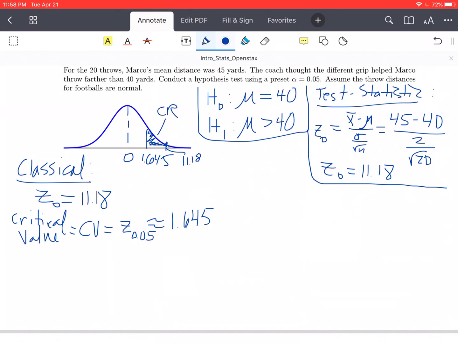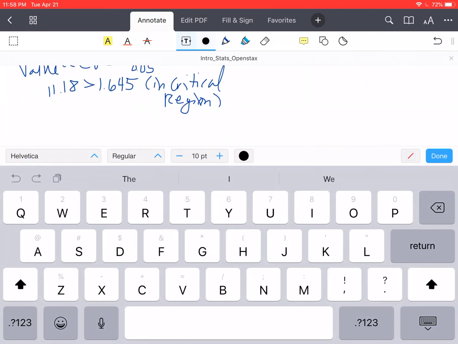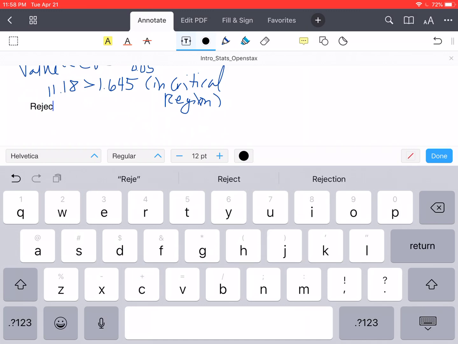So we have 11.18 is greater than 1.645, and it's in the critical region. What does that tell us? That this is highly unusual given the null hypothesis is true. So that allows us to reject the null hypothesis. Our initial conclusion from this is to reject the null hypothesis.